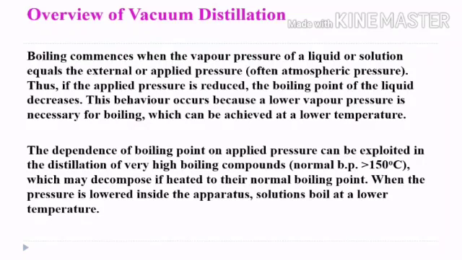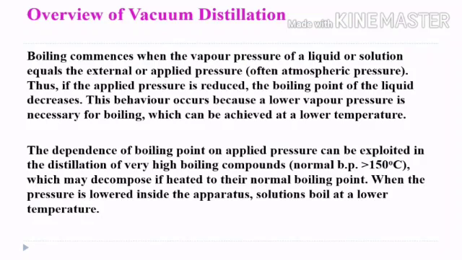The vacuum distillation technique is used for compounds that have high boiling points, that is, about 200 degrees Celsius. Some organic compounds having a high boiling point may undergo thermal decomposition near their boiling points.